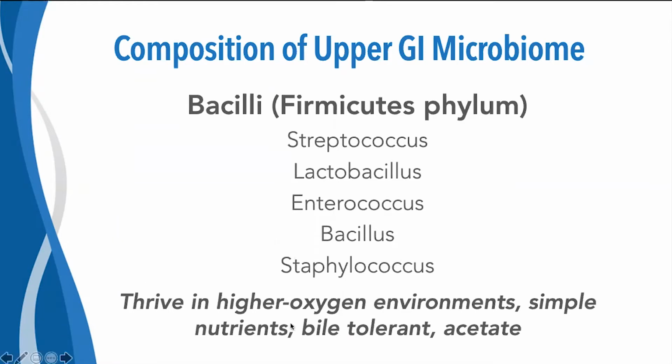Here's some basic information about the physiological conditions they thrive in. They like higher oxygen environments, so they don't like the anaerobic environment in the colon unless it's been disrupted. They like simple nutrients that are highly available in the small intestine. Bile is in the small intestine, so they're bile tolerant, etc.